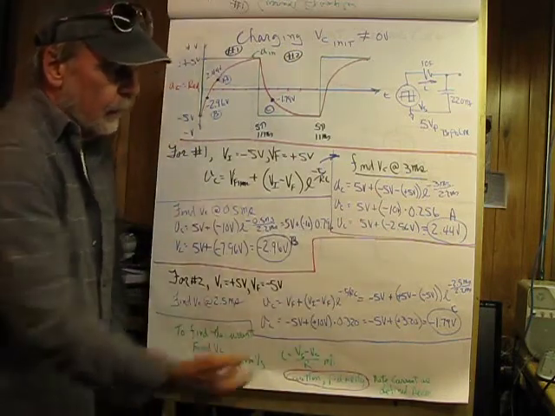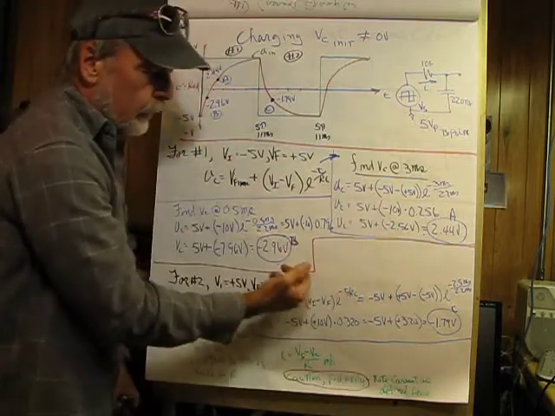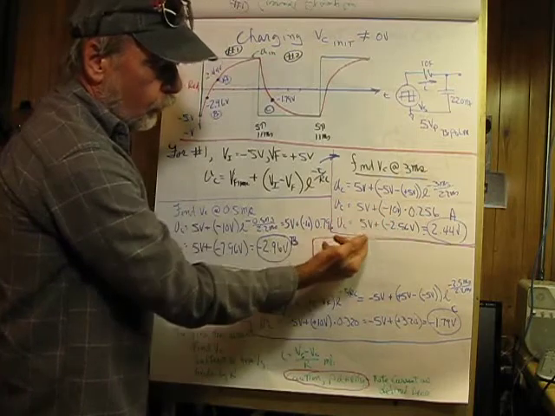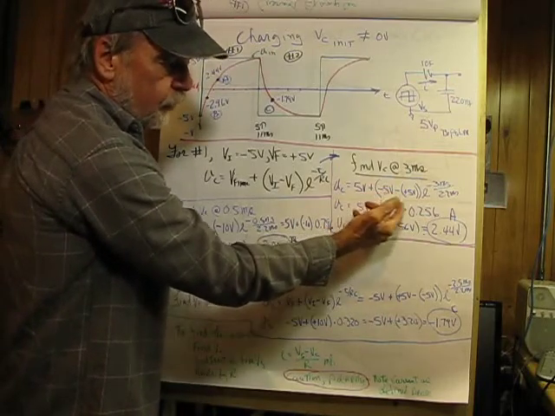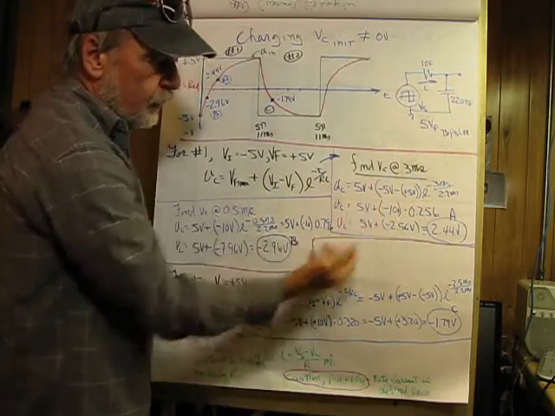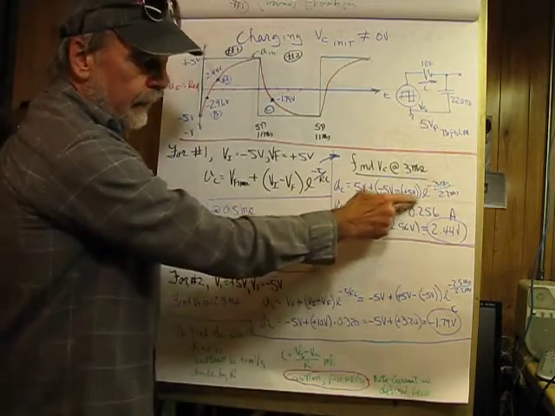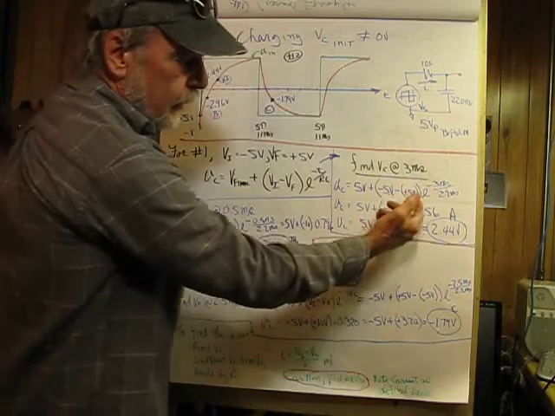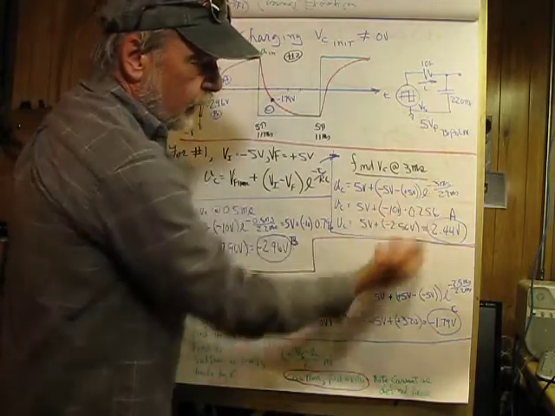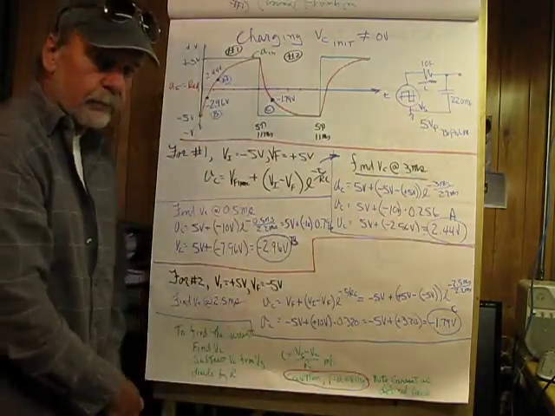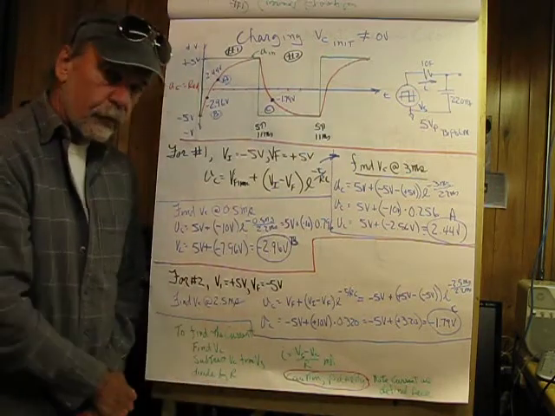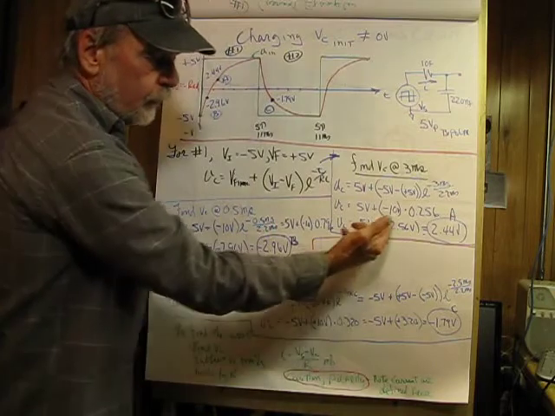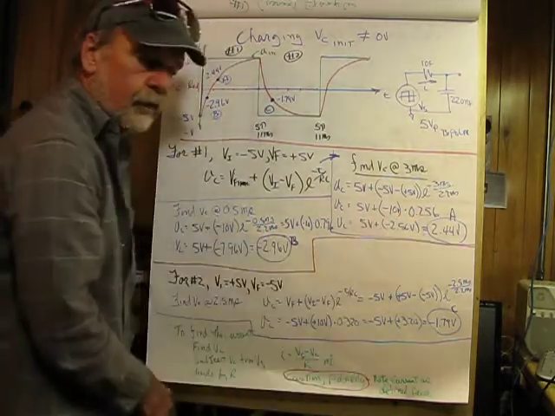If we figure this out and do the parentheses first, we get -10 volts: -5 minus a +5 gives us -10 volts. Then we take our natural number e and raise that to the -3 milliseconds divided by our time constant, which for all of our examples here is 2.2 milliseconds. What we get from this is 0.256.